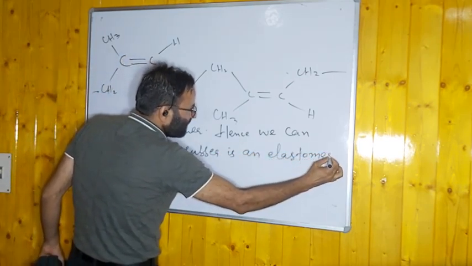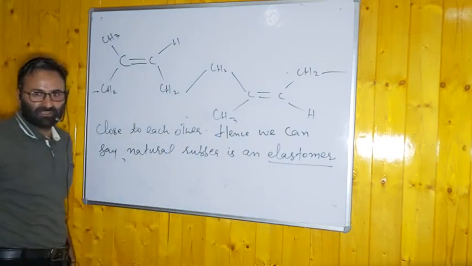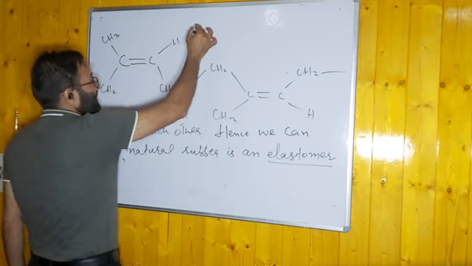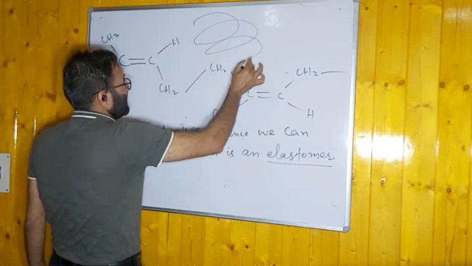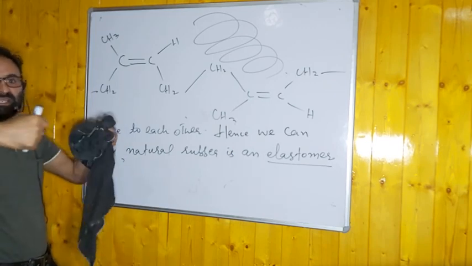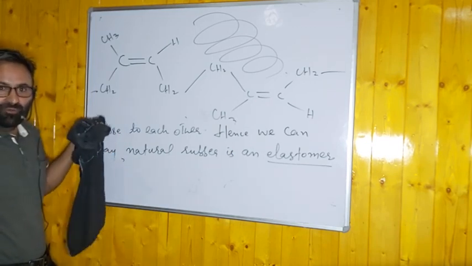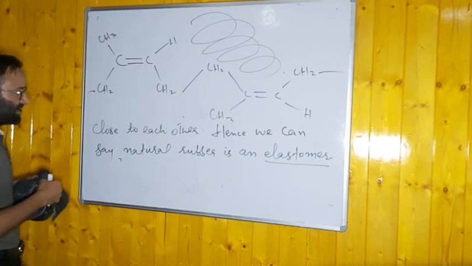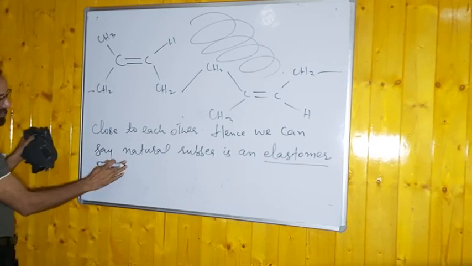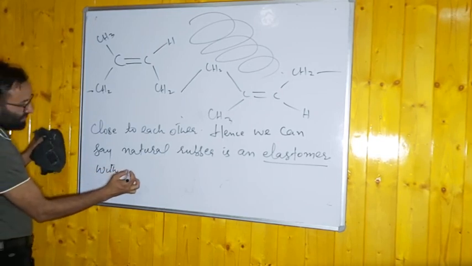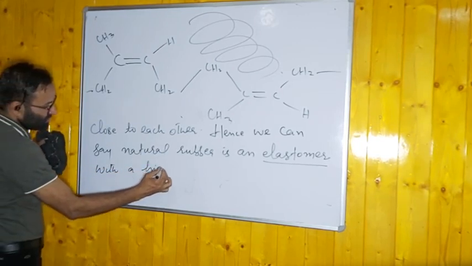Now you know the structure of an elastomer, that is a coiled structure, not linear. आपने elastomer पढ़ा होगा. We have discussed this. An elastomer has a highly coiled structure, and when you apply force, it gets stretched. When you remove the force, it regains its original form. We have discussed these things. Hence, we can say natural rubber is an elastomer with a highly coiled structure.